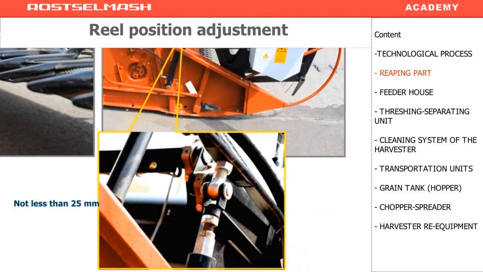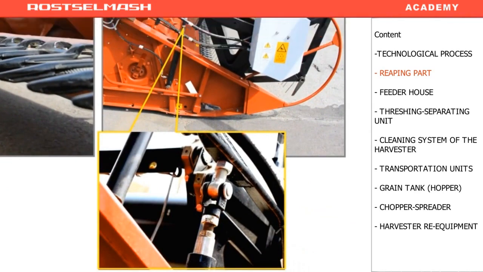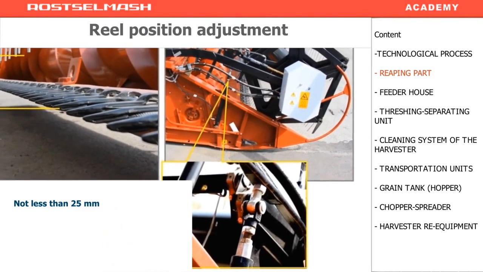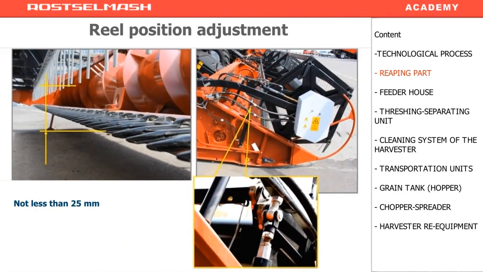To adjust this position, loosen the lock nuts, and then, rotating this part, you will screw it in or out to lift or lower the reel. The similar adjustment can be performed on the left hydro cylinder. Use this adjustment to set the above-mentioned parameter.